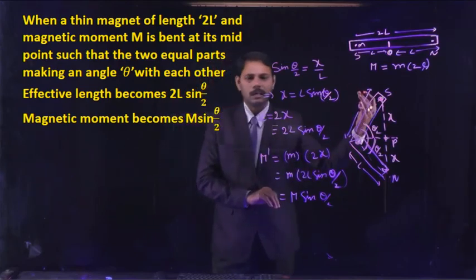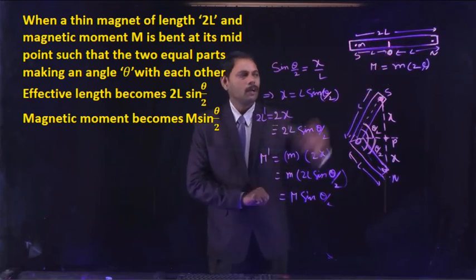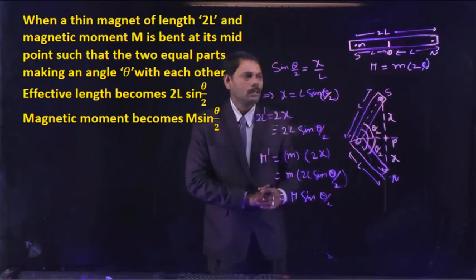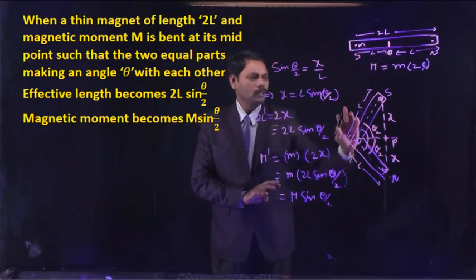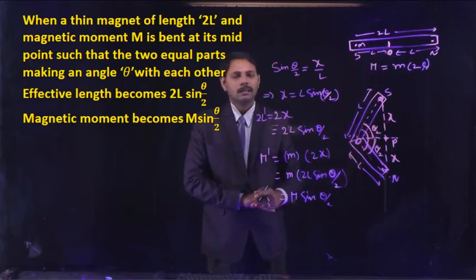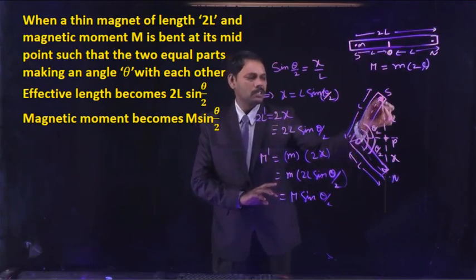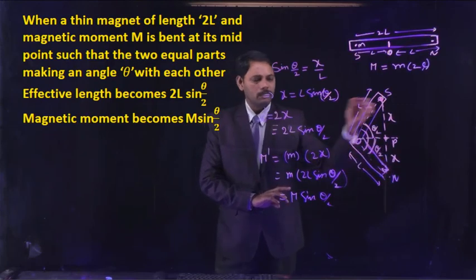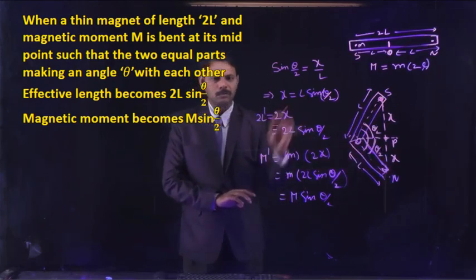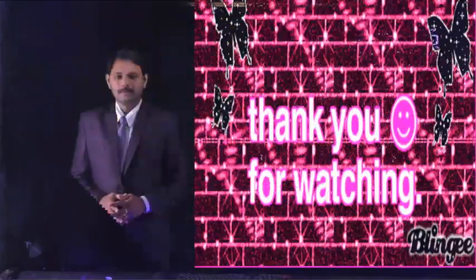Once again I conclude, we have a bar magnet of magnetic moment M, which is equal to m into 2L. Now exactly at midpoint O, this magnet is bent such that it makes theta angle. Then the new length is the distance between the south and north poles. It becomes 2L sine theta by 2 and the magnetic moment becomes M sine theta by 2.